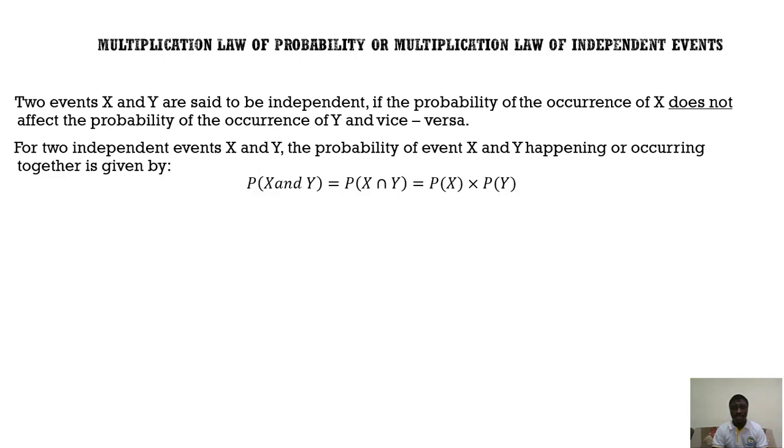So in simple terms, if you are saying that two events are independent, then the probability of the two events occurring together or at the same time is given by probability of the first event times the probability of the second event, and vice versa.